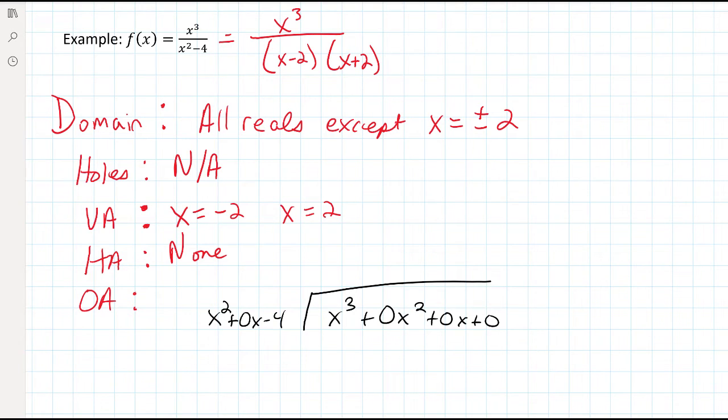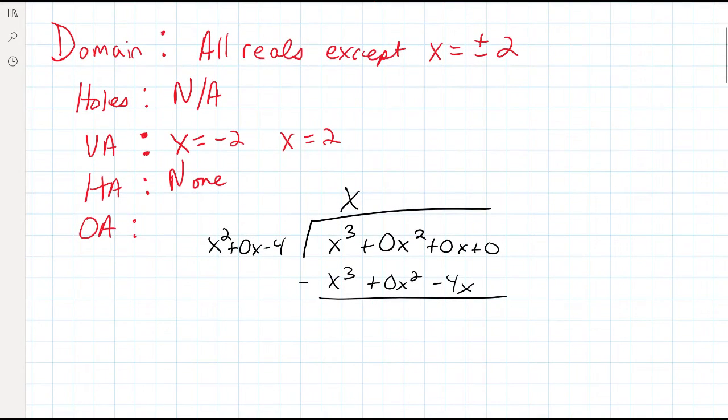What do I multiply x squared by to get 1x cubed? That's 1x, so we put that there. We then multiply the x by x squared minus 4. So x times x squared is x cubed. x times 0x is 0x squared, which is really nothing. And x times negative 4 is negative 4x.